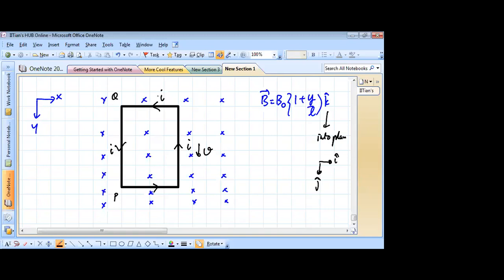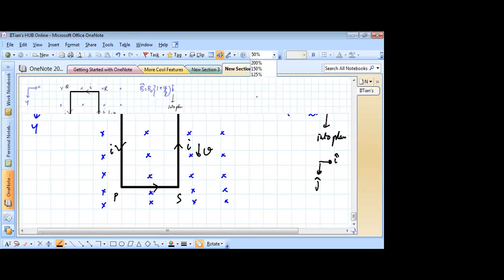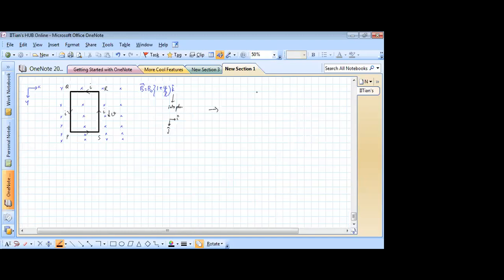in the loop PQRS. Now the easiest way to calculate that current is going to be by using motion generated EMF. So we can see that in terms of motion generated EMF, this section is going down. So v cross B is going to act like a battery like this, let's say E1.